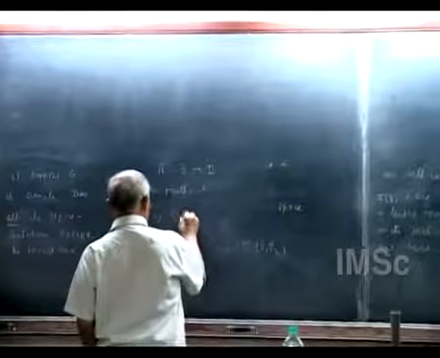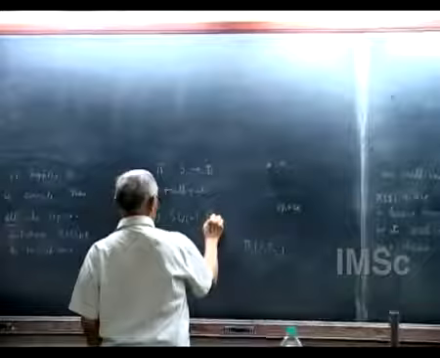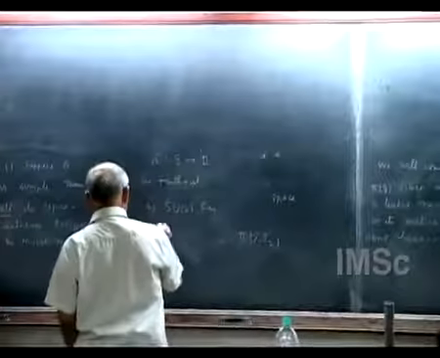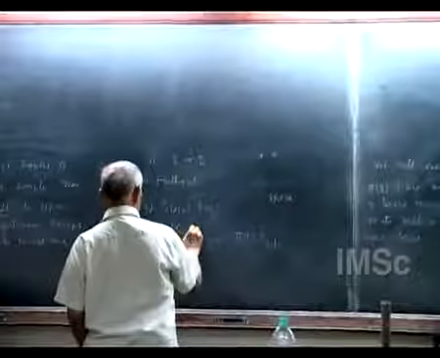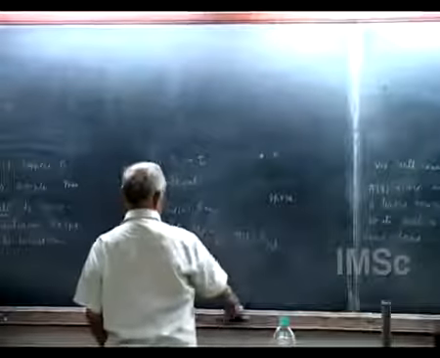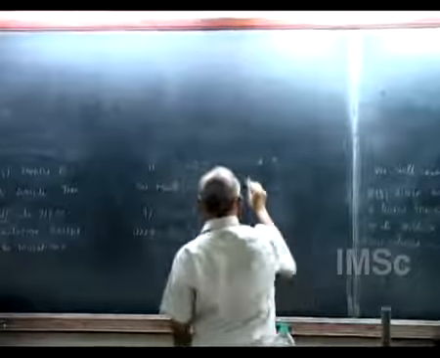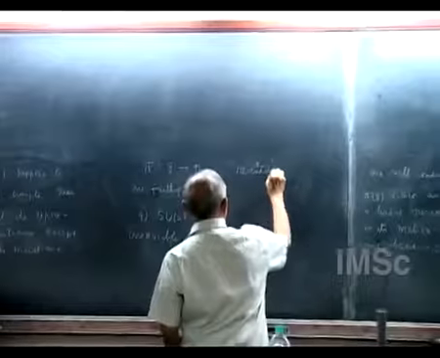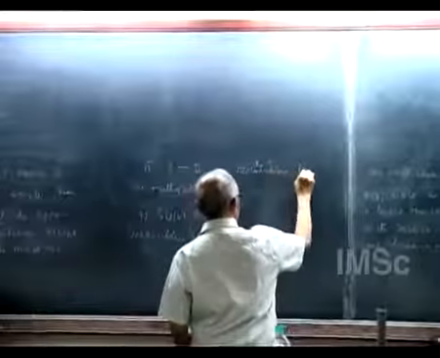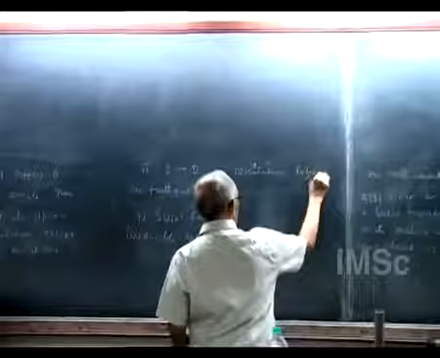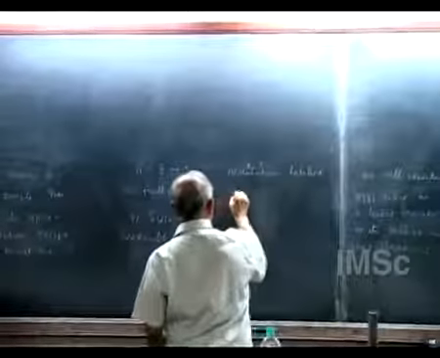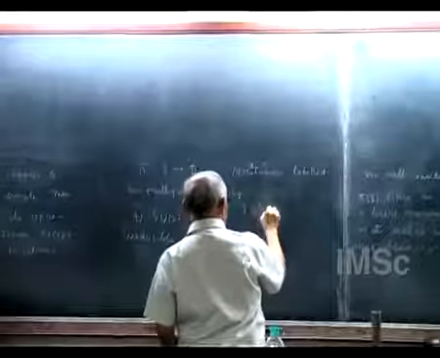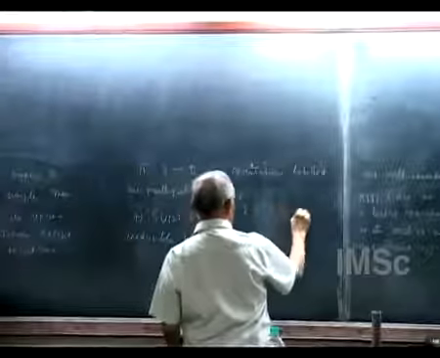SU2 has irreducible representations labeled by J, normally written as J, and J can take values 0, 1 half, 1.